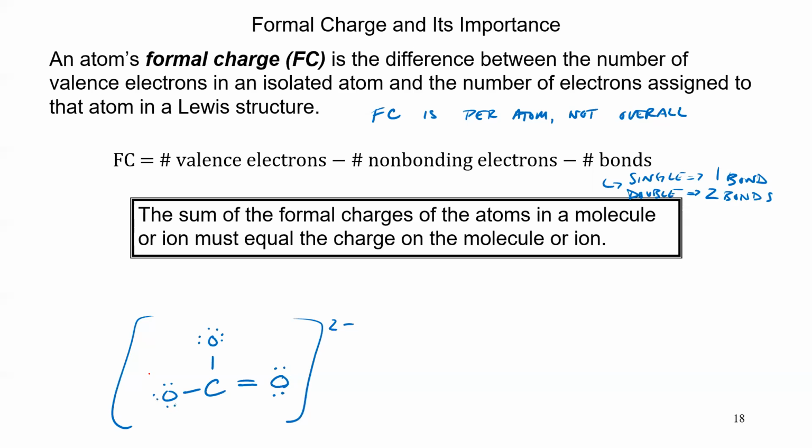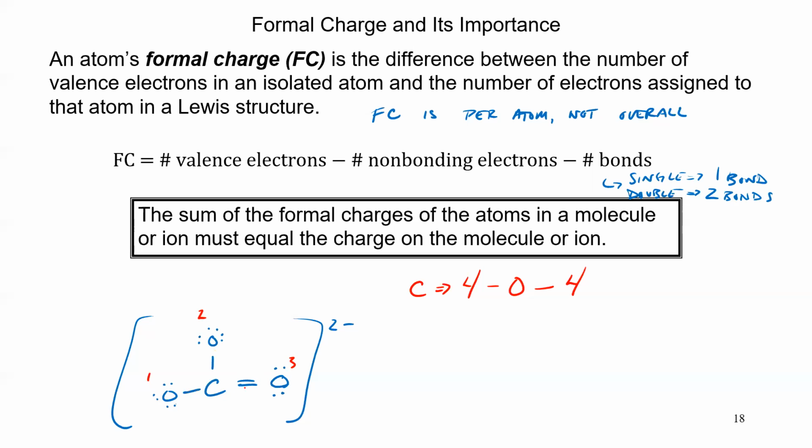So I'm going to number these oxygens. So for carbon, how many valence electrons does carbon start with? 4. Now he doesn't have any lone pairs, and so he has no non-bonding electrons. And he has how many bonds? 4. That's it. Okay.